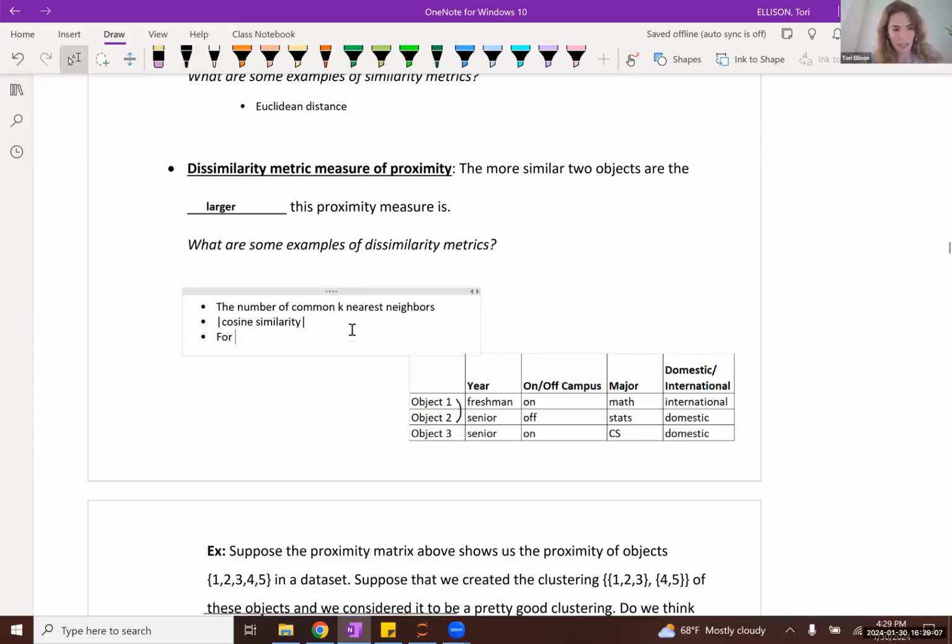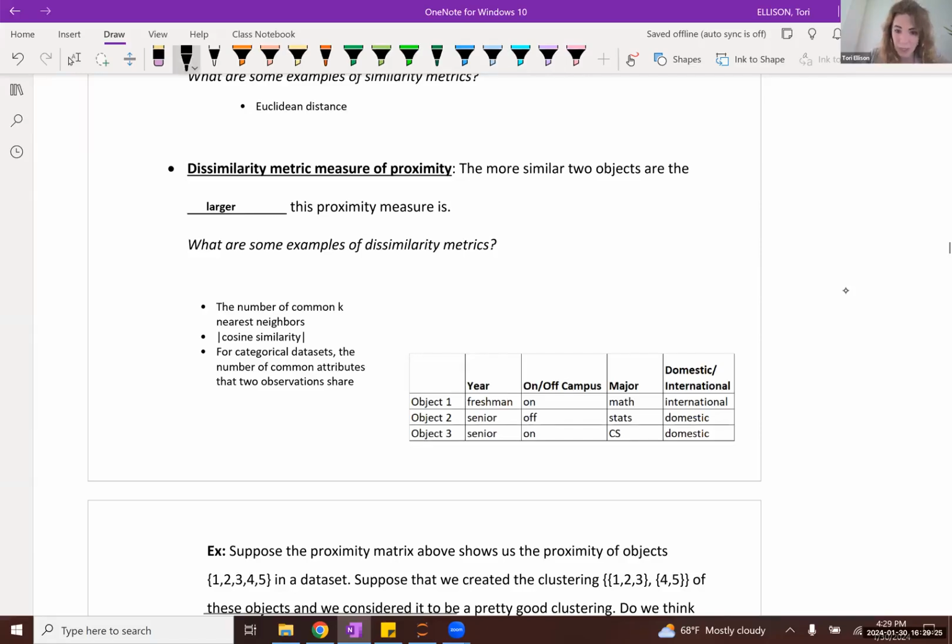So for categorical data sets, I might say the number of common attributes that two observations share. So the similarity between observation 1 and 2 is going to be 0 because they have nothing in common. However, the similarity between observation 2 and 3 is going to be 2 because they have 2 attributes in common. So that implies that they are more similar to each other. Okay.